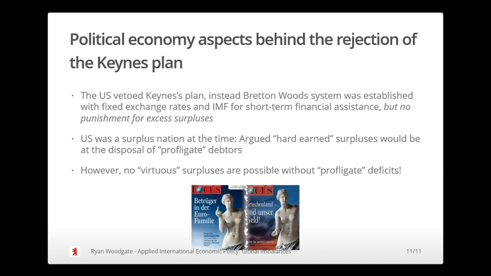And of course, this is very relevant even in recent times. We're going to speak about this more perhaps next week with the financial crisis and the Great Recession.